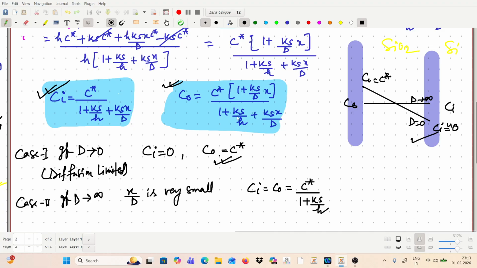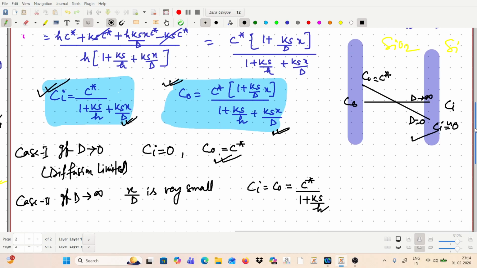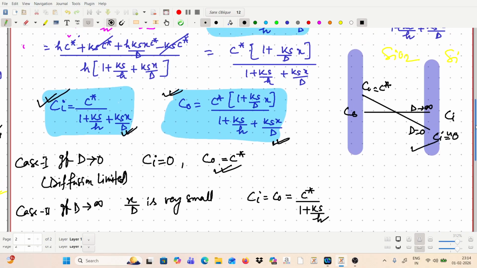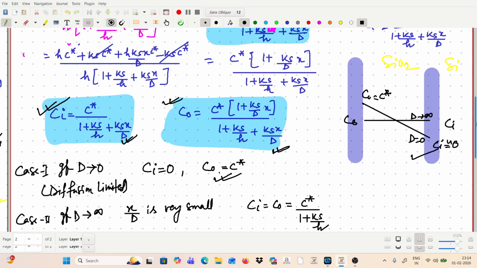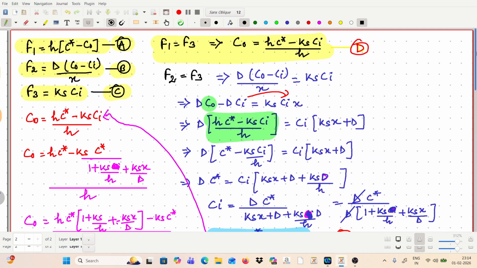Ks is the reaction rate constant, and H is the gas phase mass transfer coefficient. So this we have calculated. Is it okay or no? There is some calculation, but if you practice 2 or 3 times, then it will be more clear. Okay, so up to this is clear.